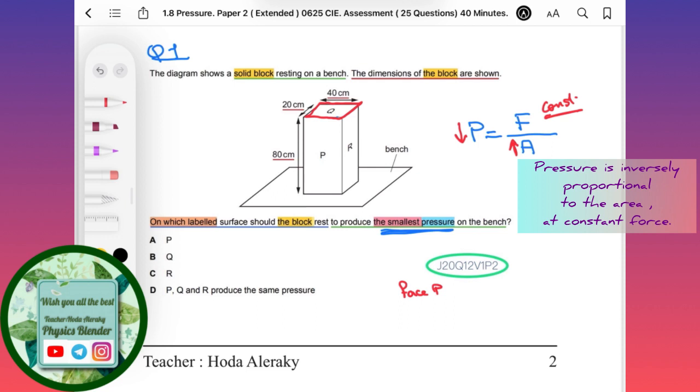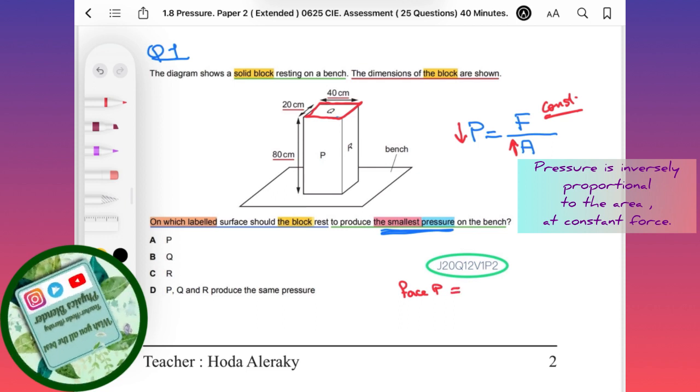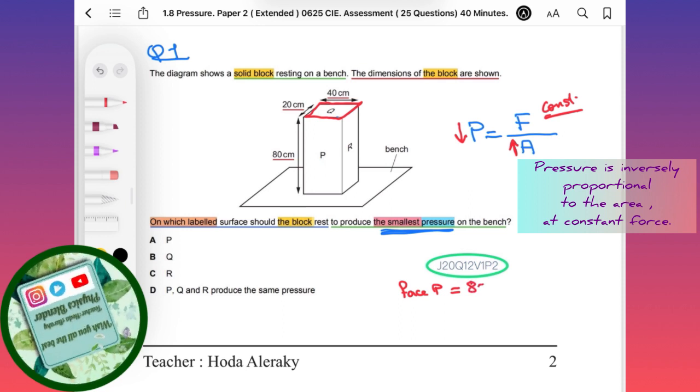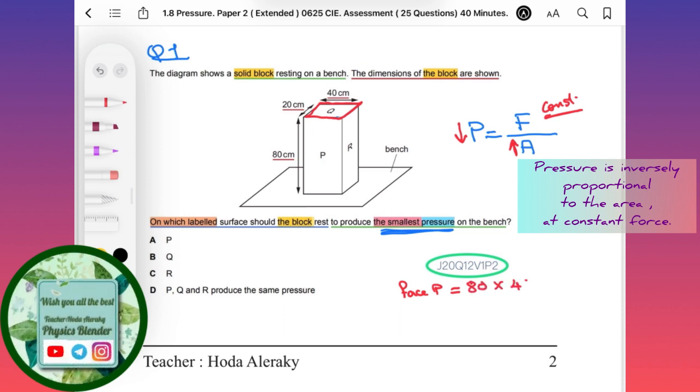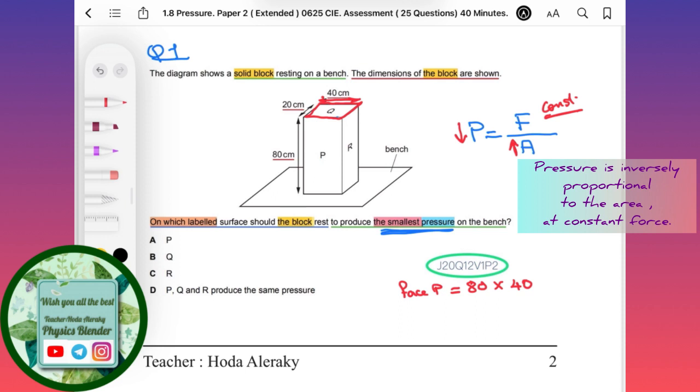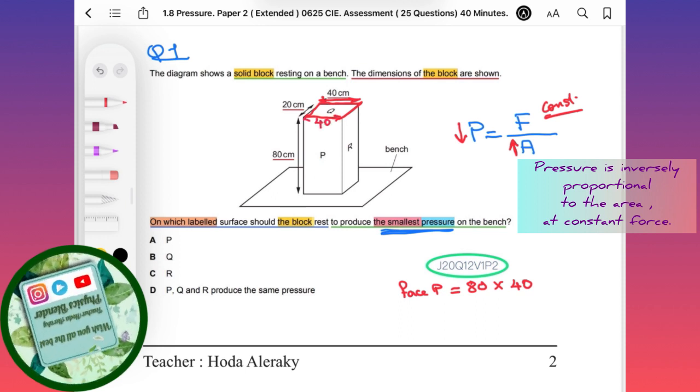Face P, when you calculate the dimensions, the area of contact is 80 times 40. This is 40, also this is 40. Okay.